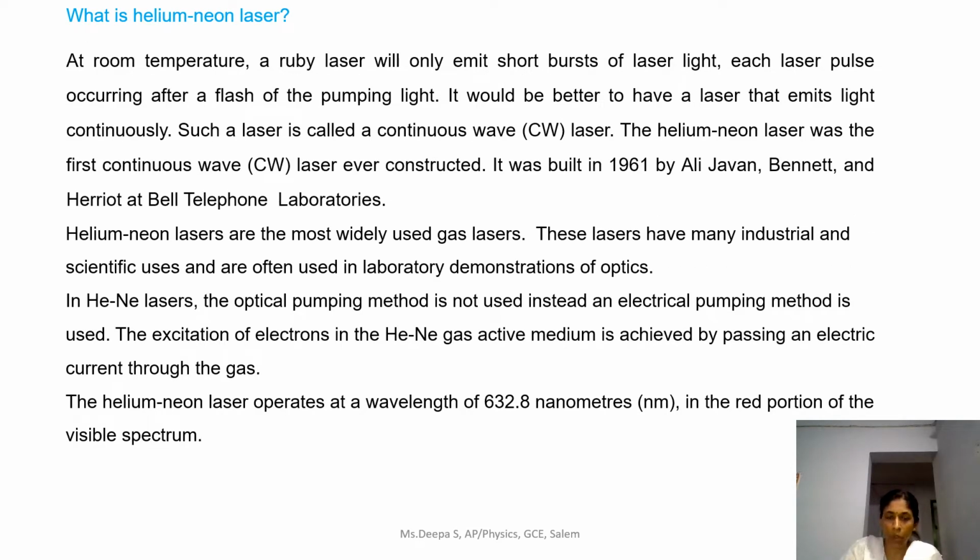The helium neon laser was invented in the year 1961 by Ali Javan, Bennett, and Herriott. From this laser, we get a continuous wave laser in the wavelength range of 6,328 angstrom. It is red in color and lies in the visible range.